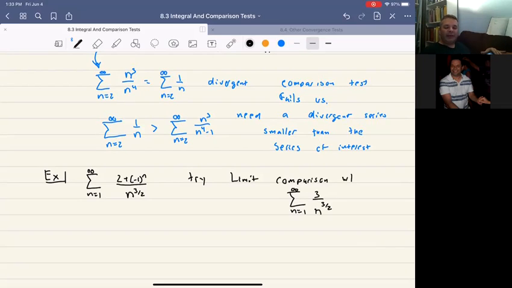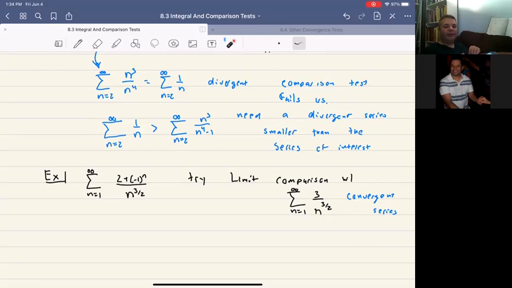So if we do the limit comparison, we know this is a convergent series. That is a convergent series, definitely, right? P series with p greater than 1.